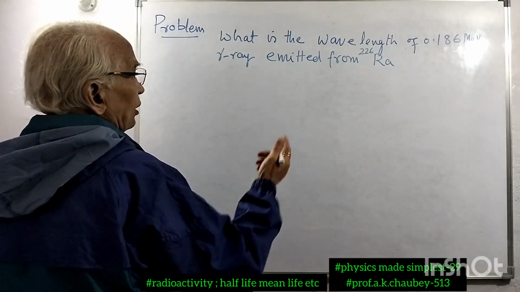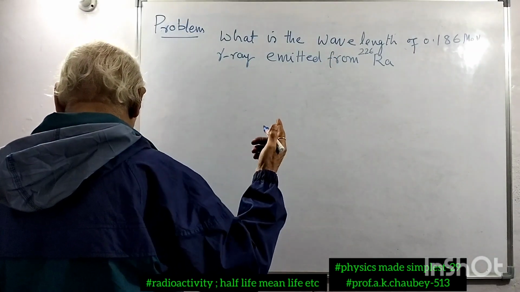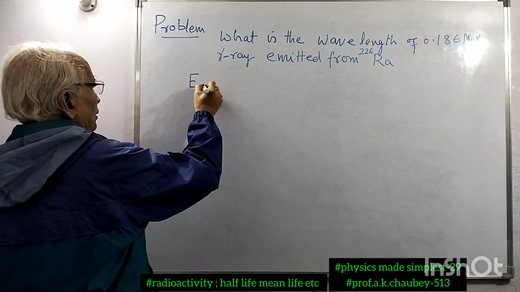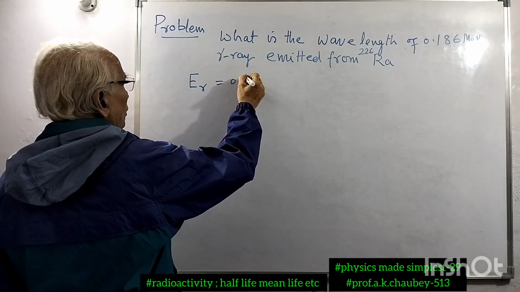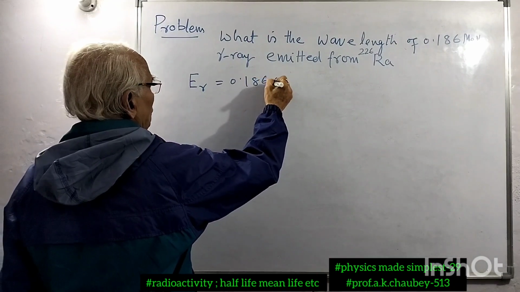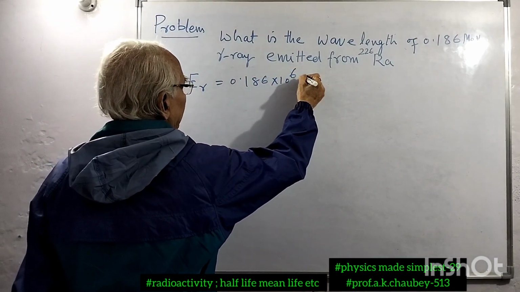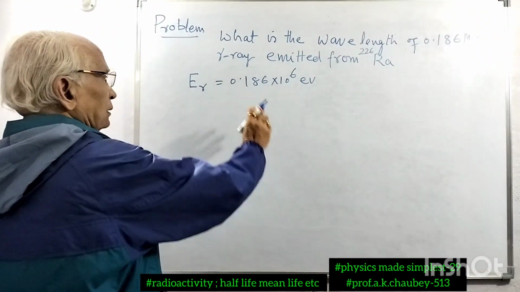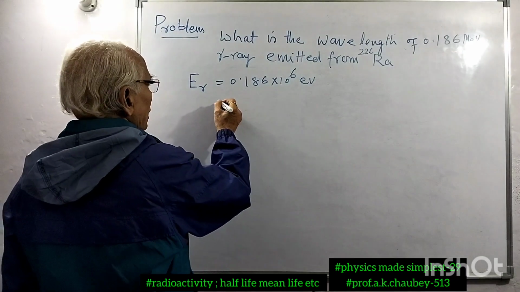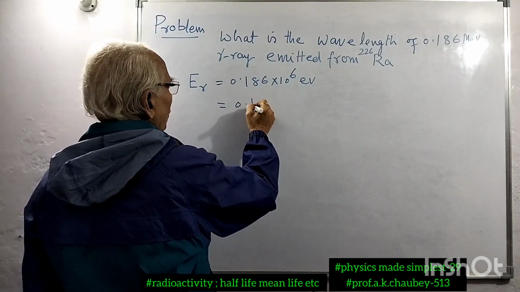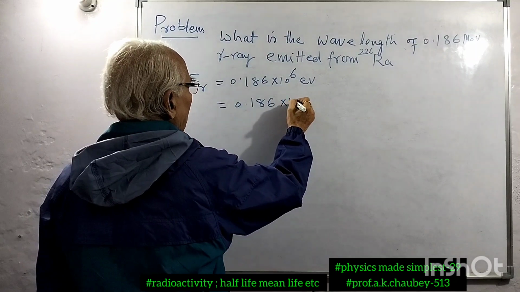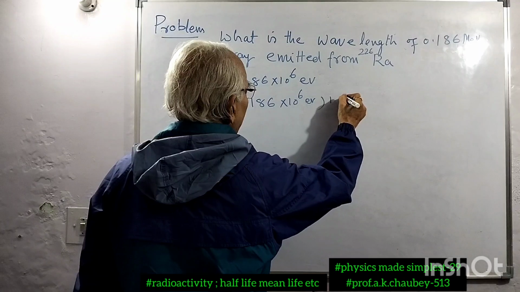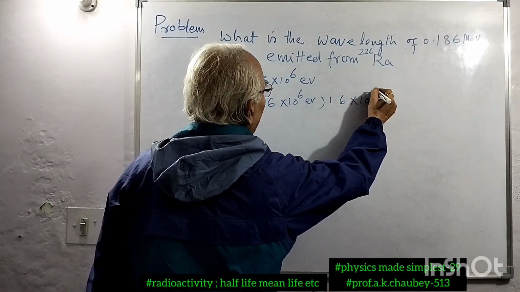What is the energy? Energy of gamma ray, that is E gamma, is 0.186 into 10 to the power 6 electron volt. That was MeV, so 10 to the power 6 electron volt. This you can convert into joules: 0.186 into 10 to the power 6 electron volt multiplied by 1.6 into 10 to the power minus 19.